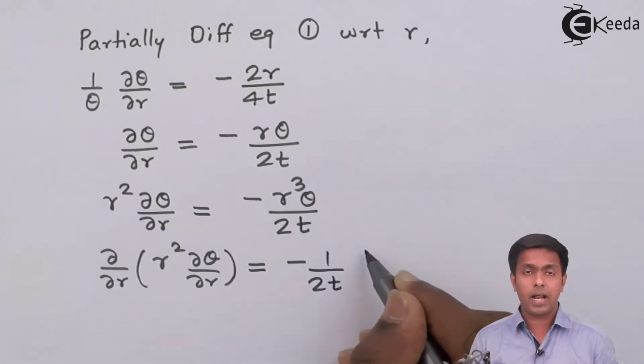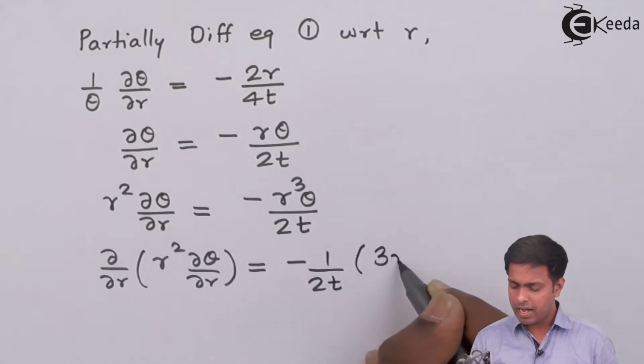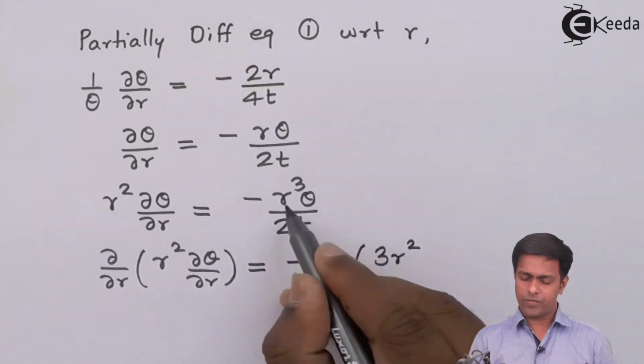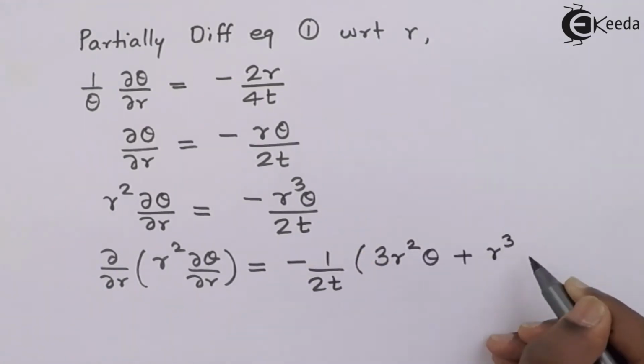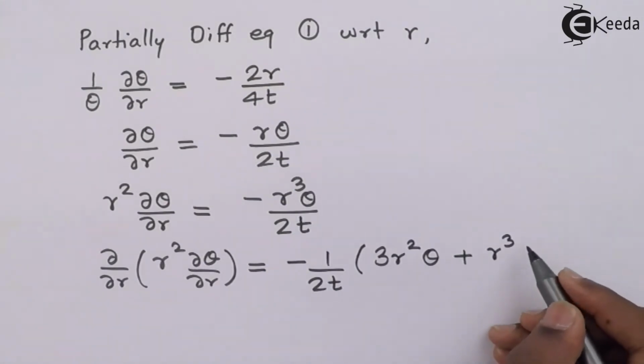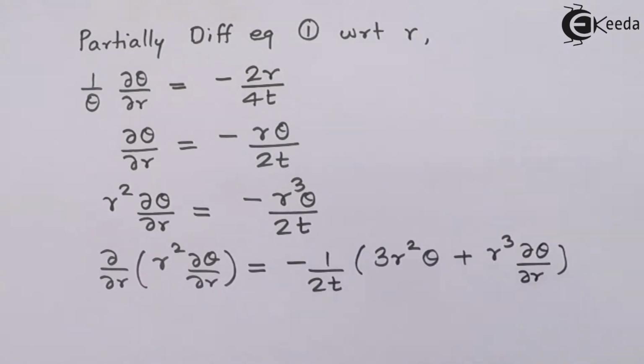So in the bracket I'll write 3r square, the derivative of r cube, theta as it is, plus r cube as it is, and the derivative of theta with respect to r, which is del theta upon del r.